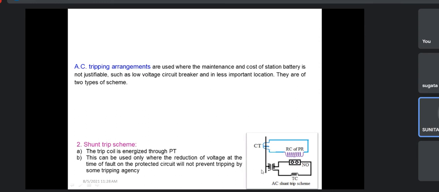Now one thing you must remember: the phase in which the fault has happened, we cannot energize the relay of that phase using that voltage. Say for the R phase relay, we cannot provide the relay coil energization from the VR. We may give it from VB or VY, but not from VR. Maybe VBR, maybe VRY. Understood my point? Yes, ma'am.